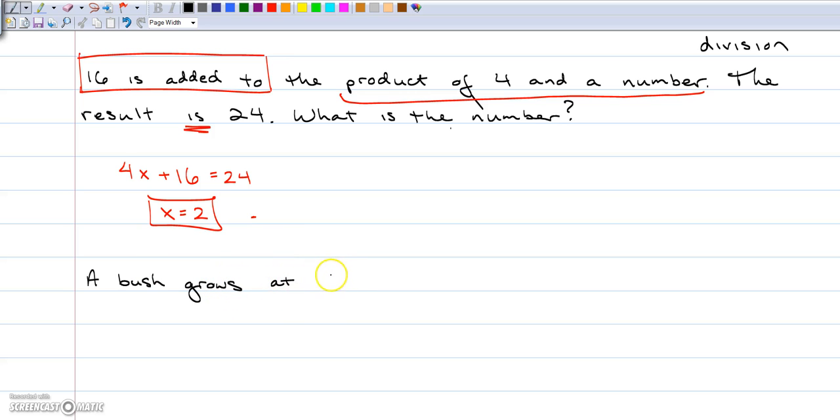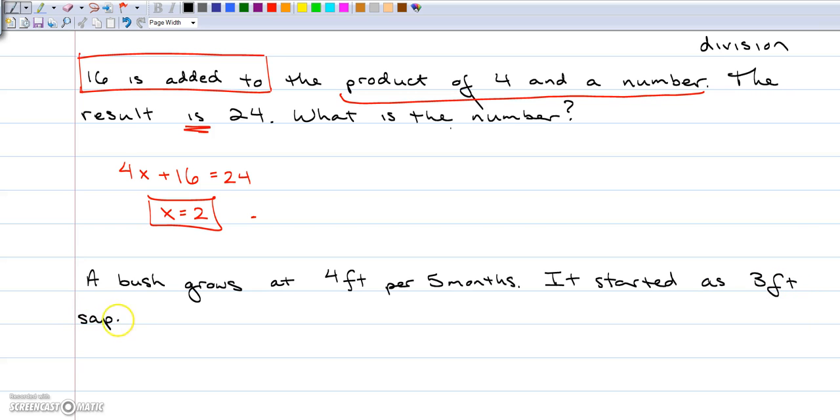A bush grows at 4 feet per 5 months. It started as a 3-foot sapling. How long before it is 27 feet tall?